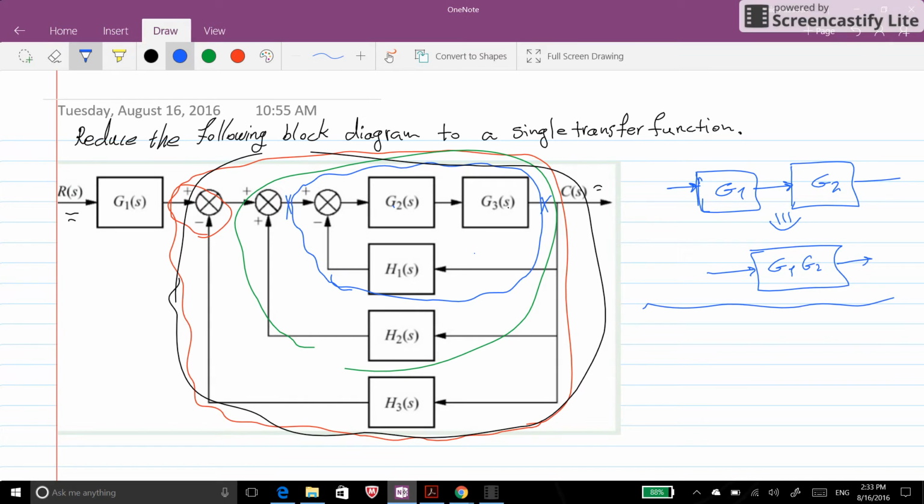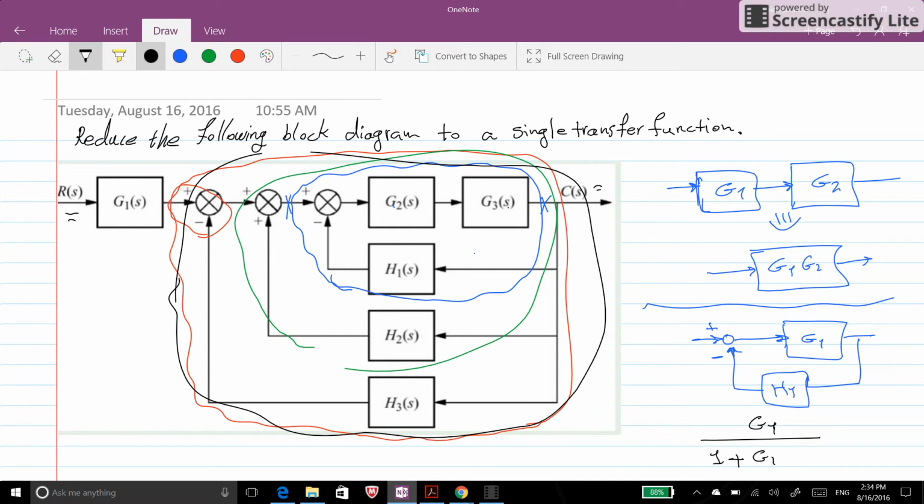Another very important rule which will be used here again is the feedback loop. So if we have G1 and H1 configured in the feedback setup, negative feedback here for example, the resulting transfer function will have G1 in the numerator, and in the denominator it will have 1 plus G1 times H1.